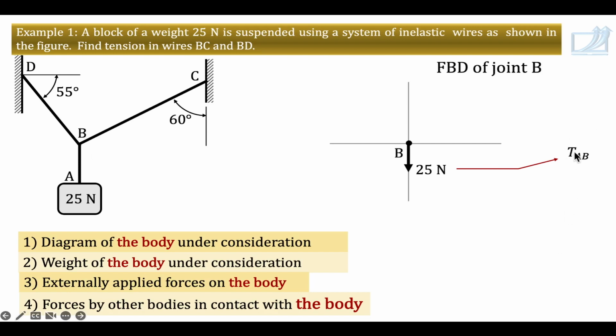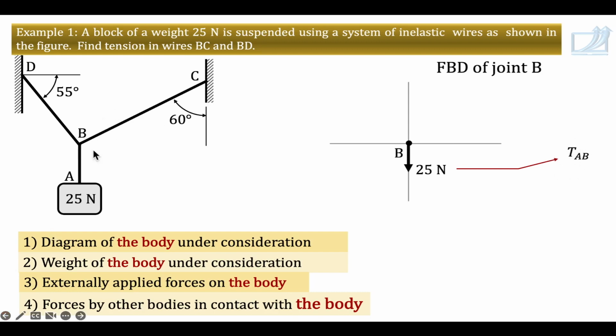And therefore we use this letter T. If a body is in tension, it pulls. And if a body is in compression, it pushes. This is a pull, meaning a tension, and that is why we have used letter T. So develop the habit of showing force by a wire, a flexible support, wire, chain, belt, rope, using letter T.